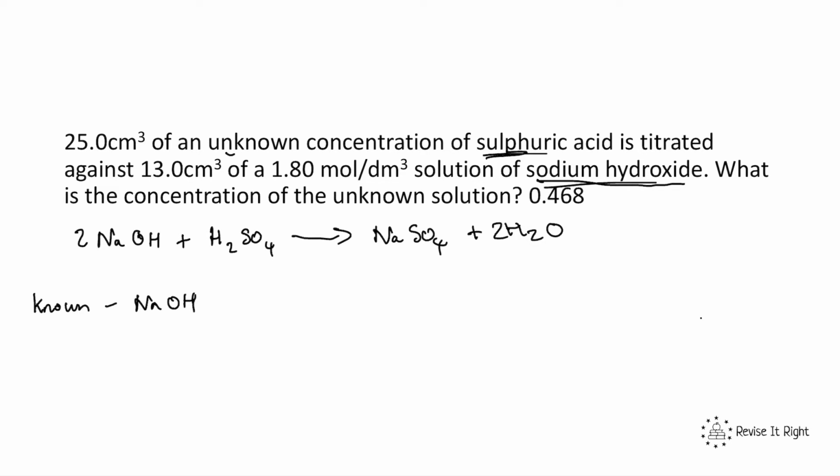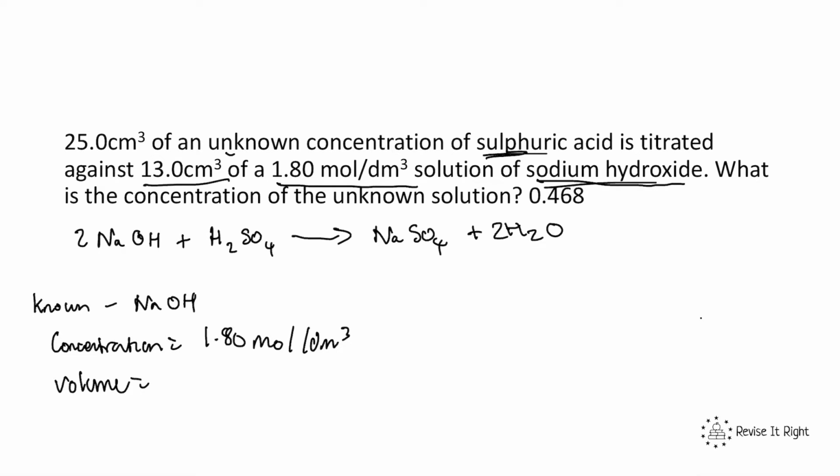And then I'm going to write all of the information I've got. So the concentration of our known substance is 1.8 moles per decimeters cubed. Okay, so I'm going to write that there. And then our volume of our known substance is 13 centimeters cubed.